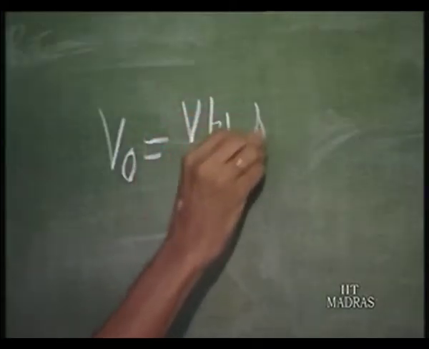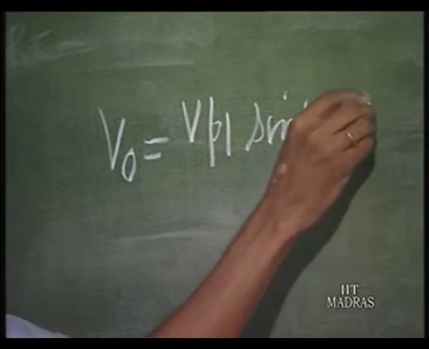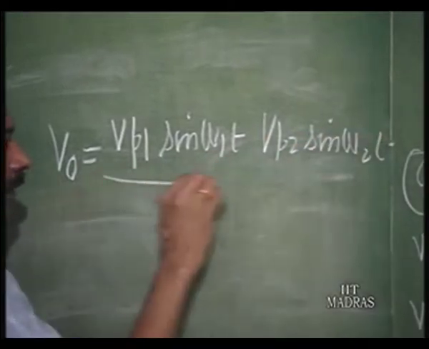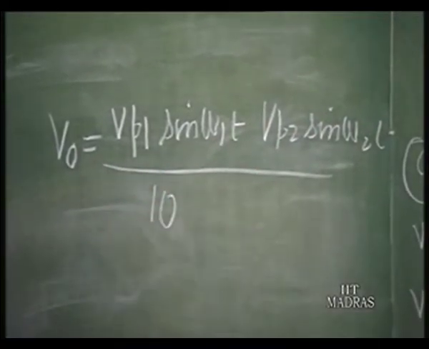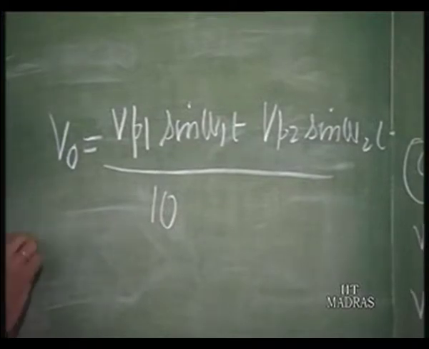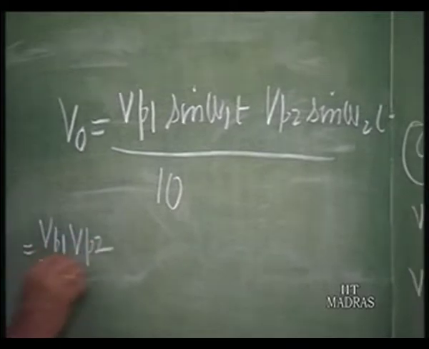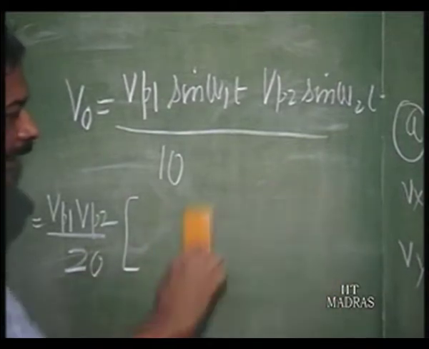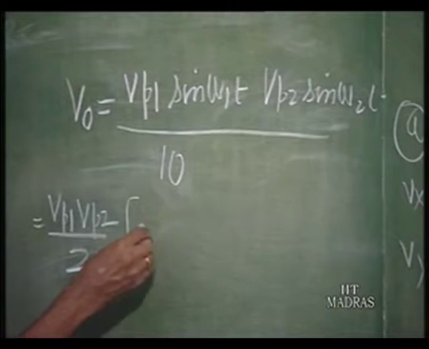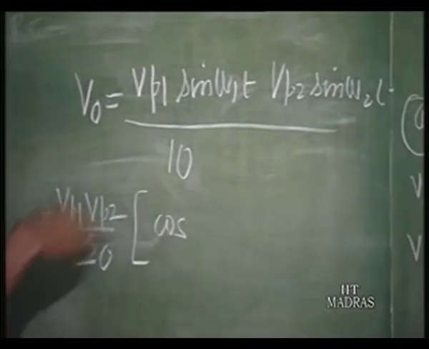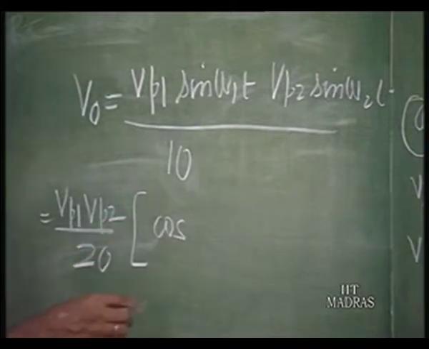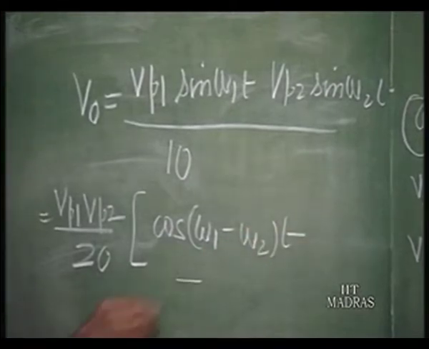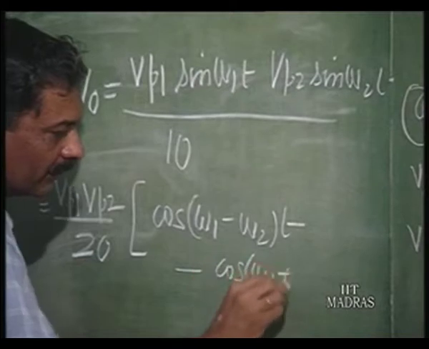Vp1 sin omega 1 t, Vp2 sin omega 2 t divided by 10, which is going to be Vp1 Vp2 by 20 times sin A sin B, which is, with a factor of 2, cos A minus B, which is omega 1 minus omega 2 t, minus cos omega 1 plus omega 2 t.